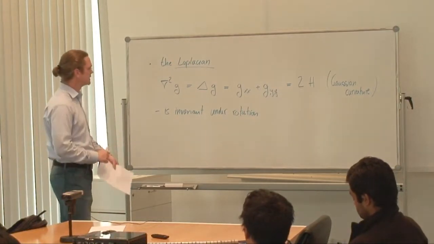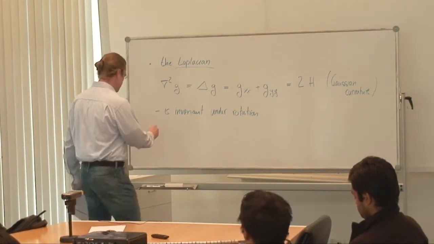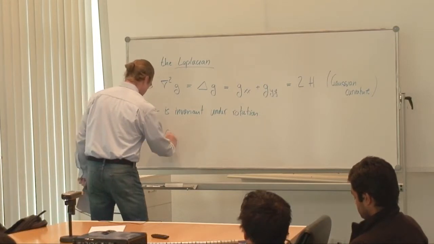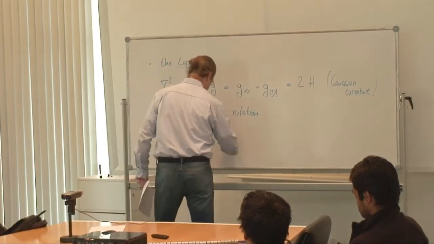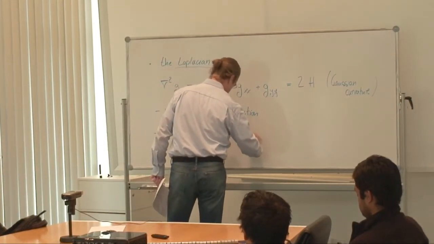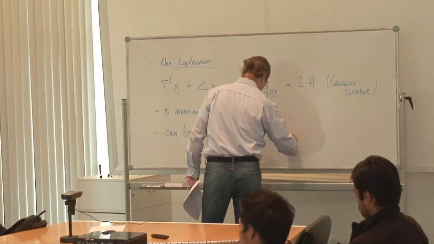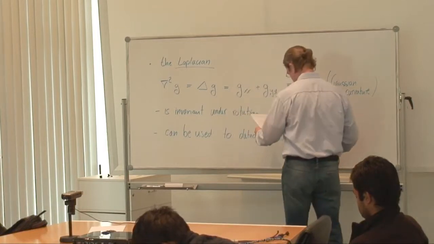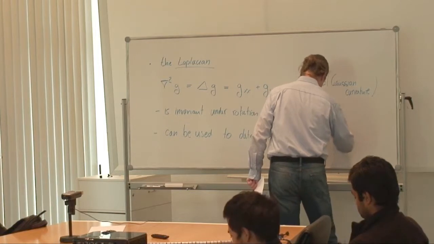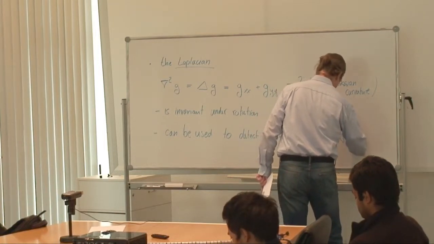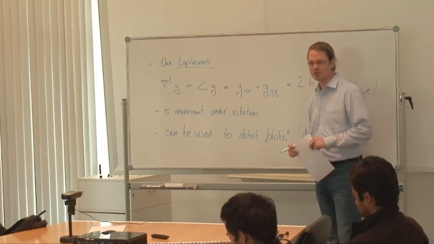And the reason why the Laplacian is such a, well, say, popular tool in image analysis is that it can be used to detect blobs. And it does not matter if there is a dark or a bright blob in the image, and by blob I mean a certain circular region.